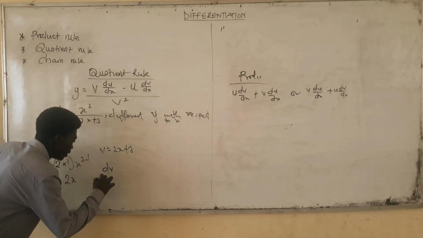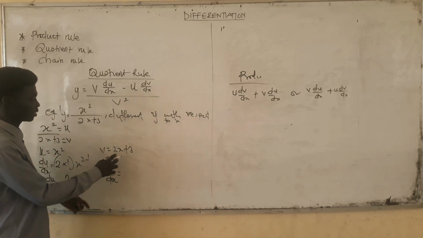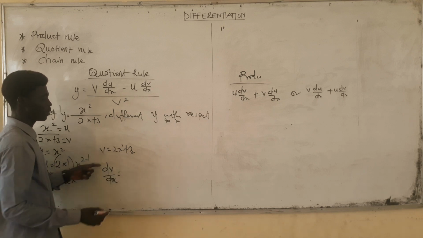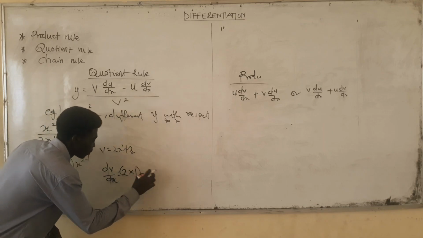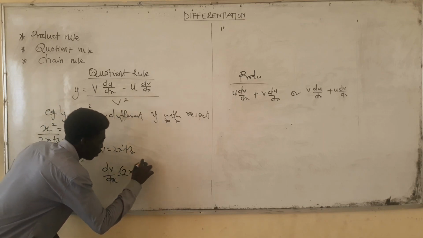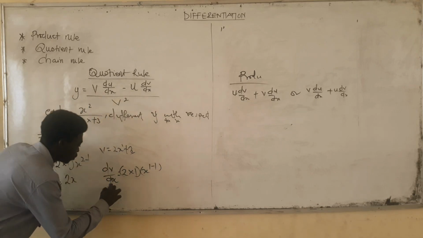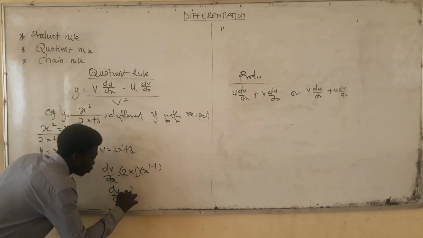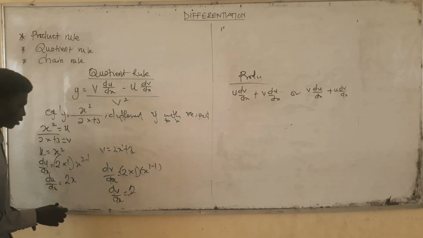Now let's differentiate v. If you differentiate 3, it becomes 0. If you differentiate 2x, the exponent is 1, so 1 multiplies the coefficient 2 by 1, and x to the power 1 minus 1 becomes x to the power 0. So dv/dx is 2.